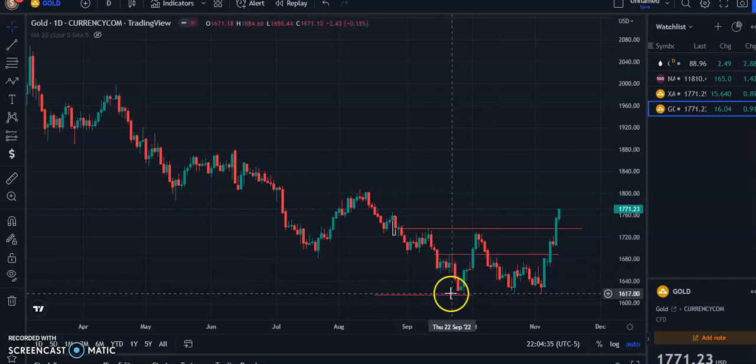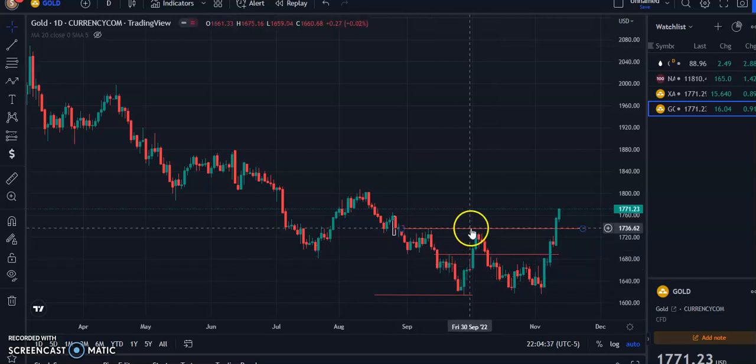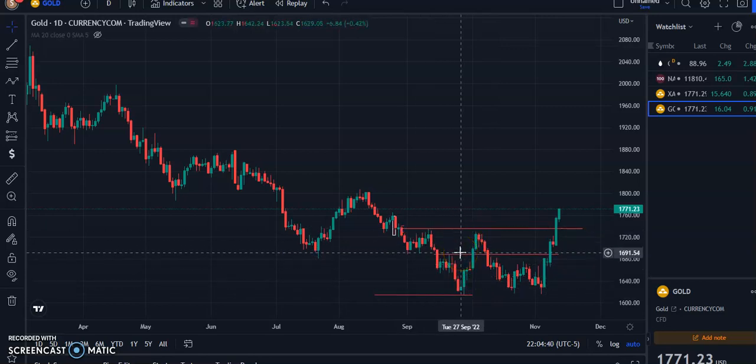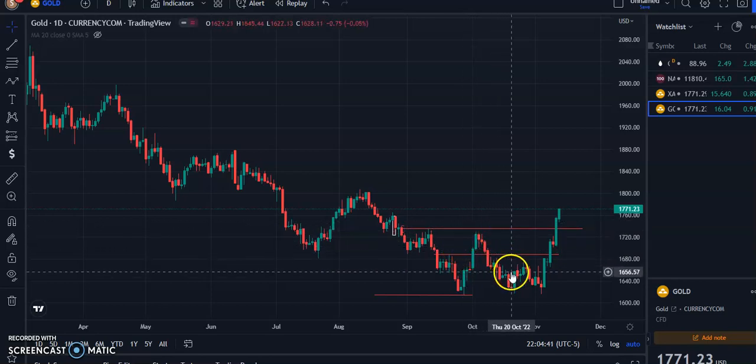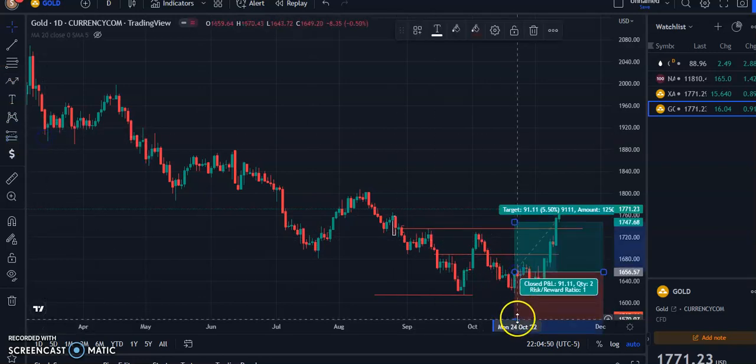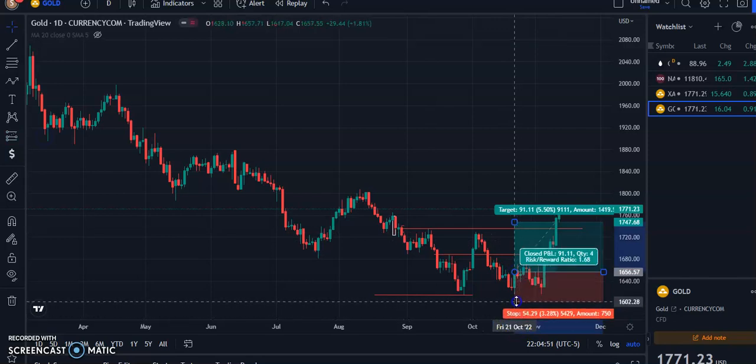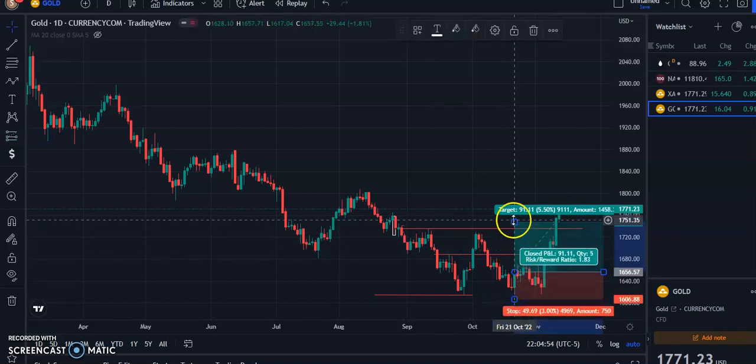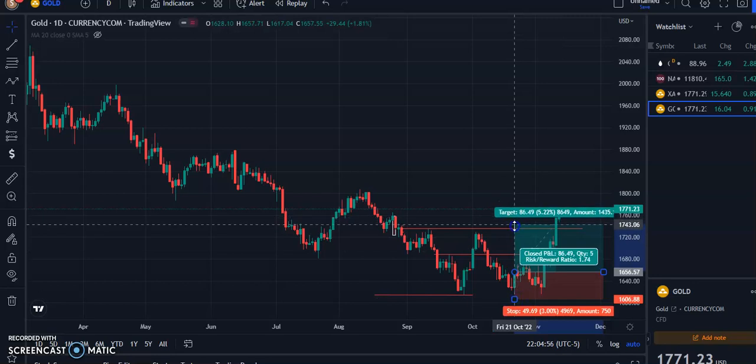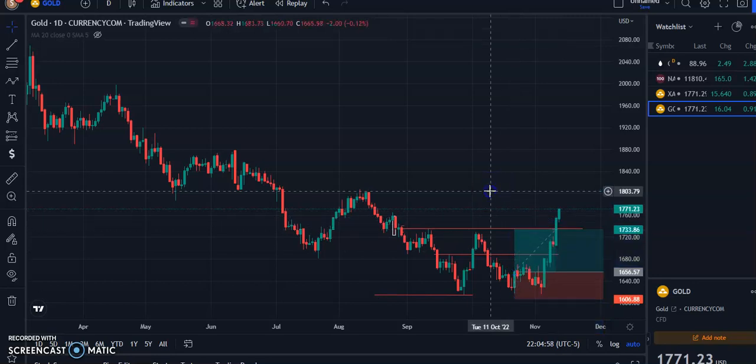They came down, broke structure above the previous higher high, then came down for the retest. And then look at this engulfment. After this engulfment, that is how I was looking at this.